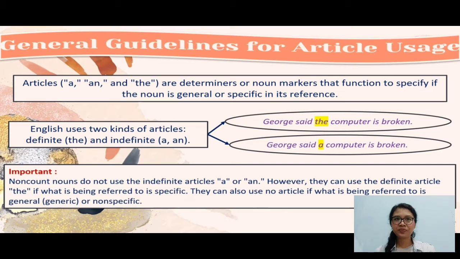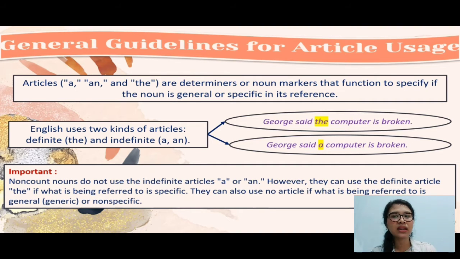Nah, notice how the meaning of this sentence changes with the article. The first sentence is George said the computer is broken. Please see the word the before the word computer.